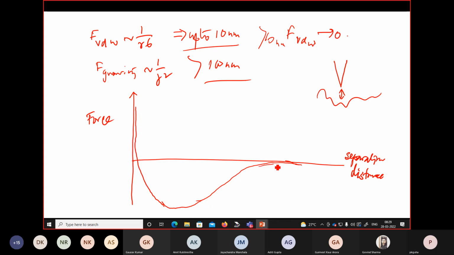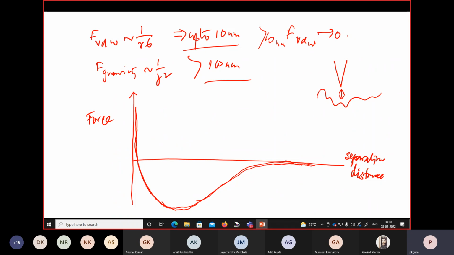In AFM, we will get this kind of plot. My drawing is not good, you can see it in the notes. When the distance is over 10 nanometer or so, there is hardly any van der Waals force between this tip and the sample.